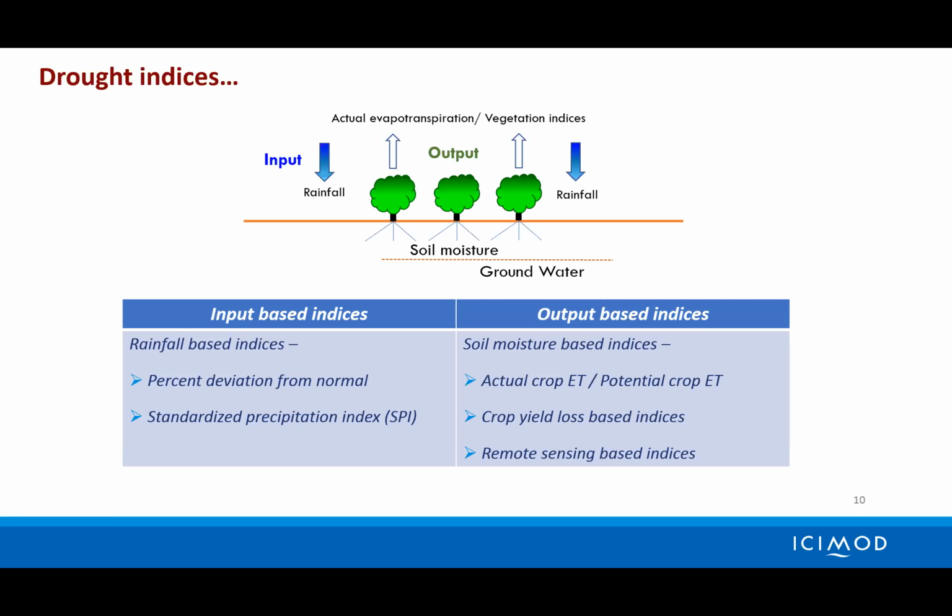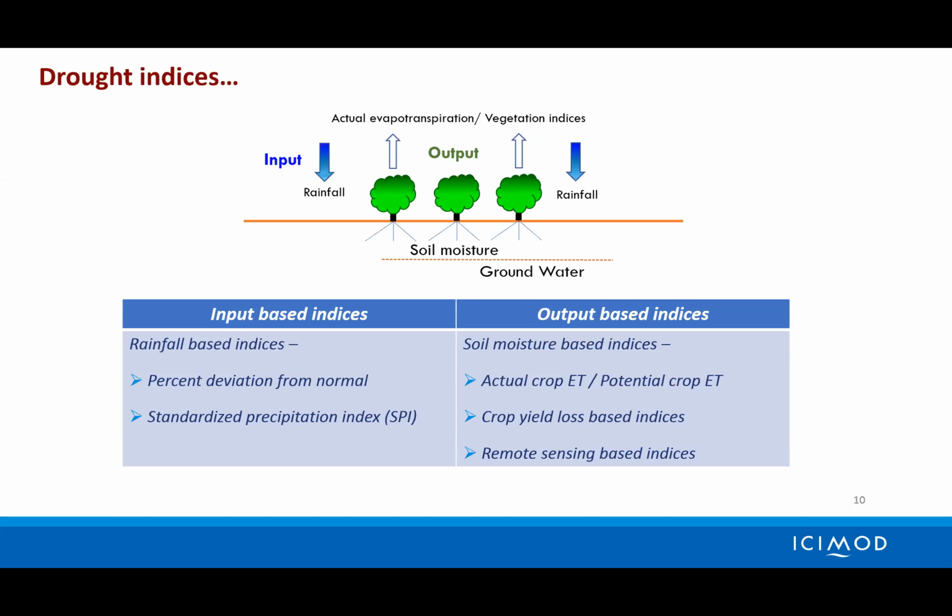So precipitation, percentage of normal, and SPI are some of the most used input indices for drought. Then ET, soil moisture, and vegetation conditions are output based, which are a function of soil and vegetation, and then it is observed.